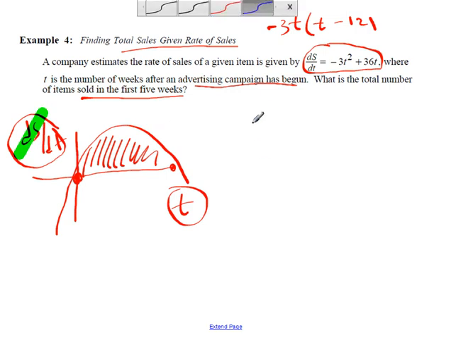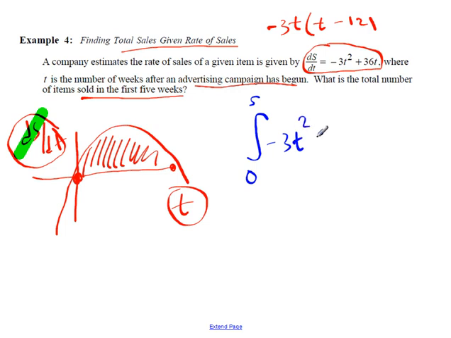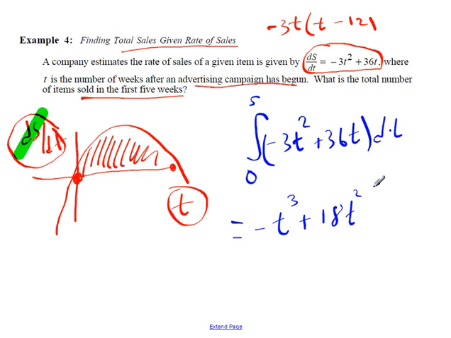That's the theory. The practice says the total number of sales will be the integral from 0 to 5 of negative 3t squared plus 36t dt. And when we integrate that, we're going to get negative t cubed plus 18t squared, and we're integrating it from 0 to 5. So plugging in those limits of integration, that's plugging in 5.